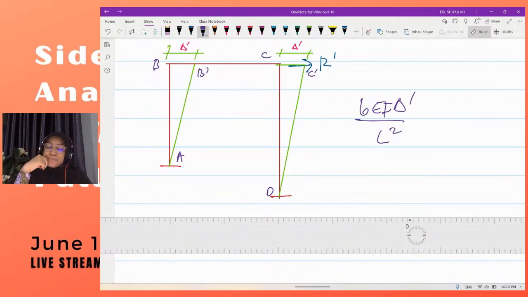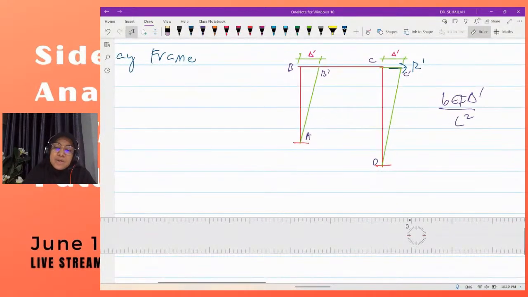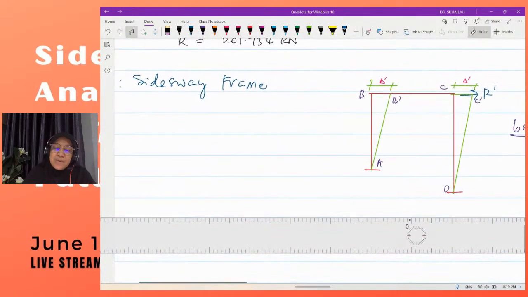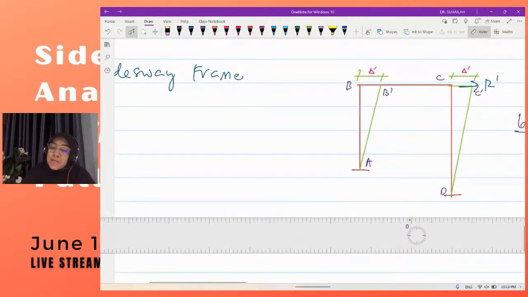So we only focus on the horizontal displacement for column AB and column CD. In order to do this, we can have two methods. I will show you the first method first, and maybe for another question I will show you the other one.